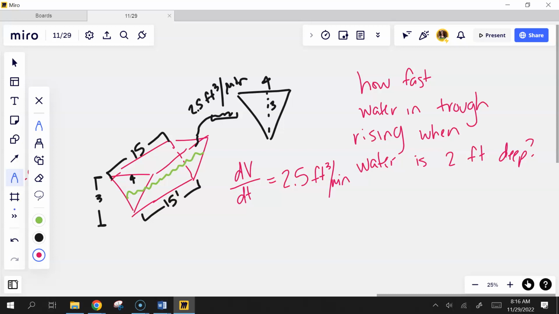So I'm thinking we do the area of the triangle times the height for the volume. Now what would you think? That's what you do for a rectangle. That's what you do for everything, right? Length times width times height. Here, if I do the area of the triangle on the end, no. Because I've got to take the length into account too.